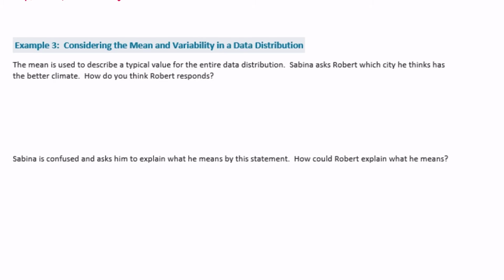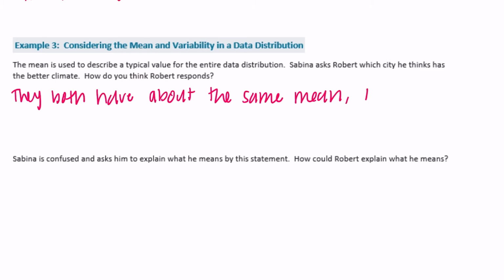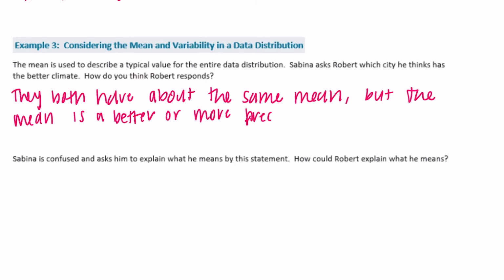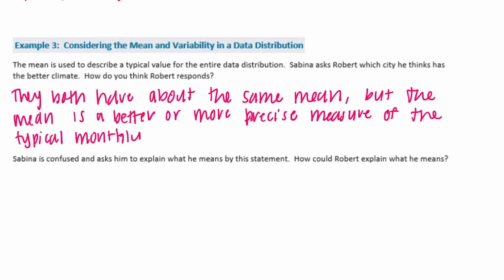But the mean is a better or more precise measure of a typical monthly temperature for San Francisco than it is for New York City.